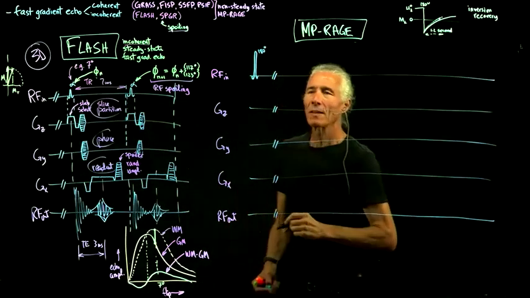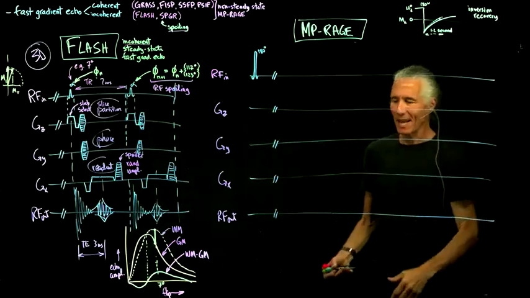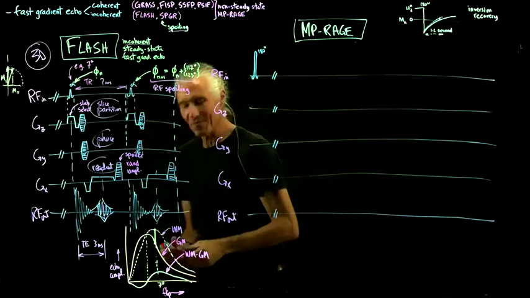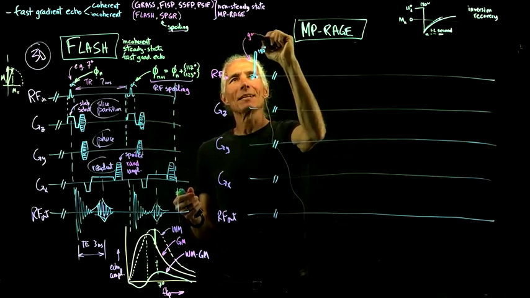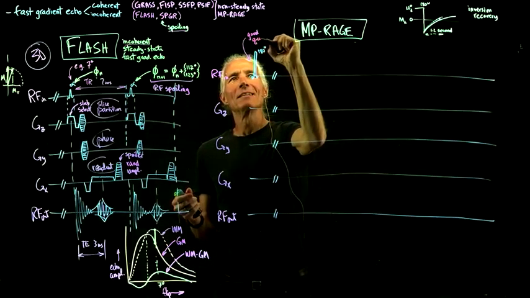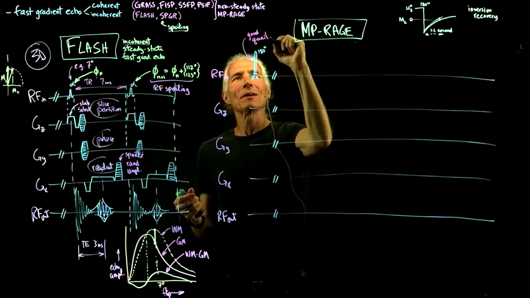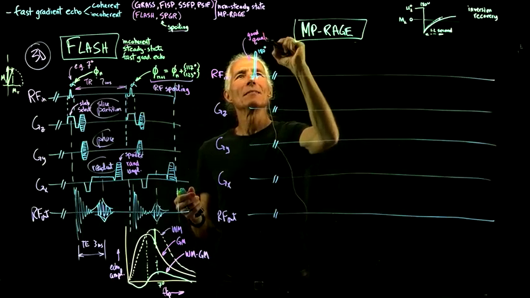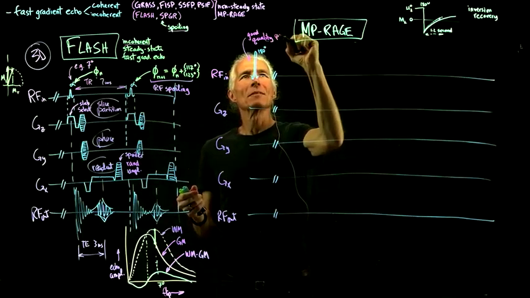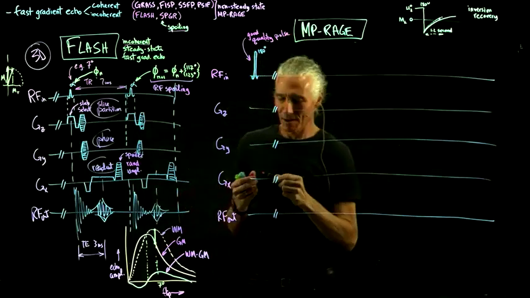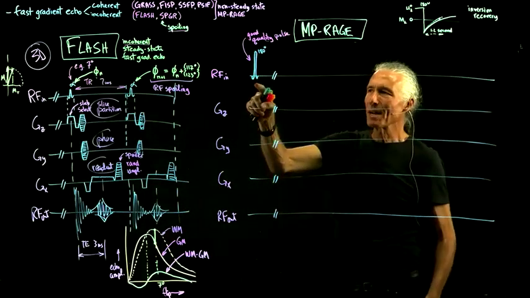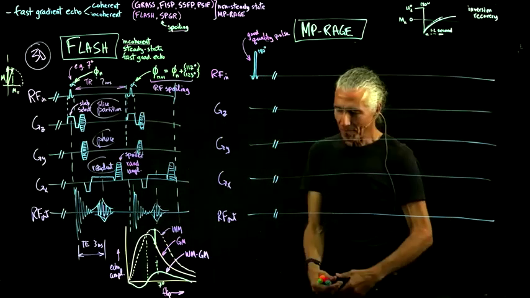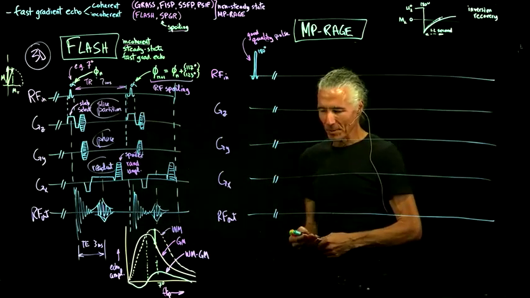We can do a good quality adiabatic 180 pulse. I haven't talked about these, but a good quality pulse takes longer. But you have some time, so you can do a good quality pulse to invert all the spins.